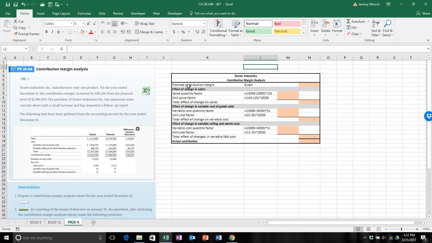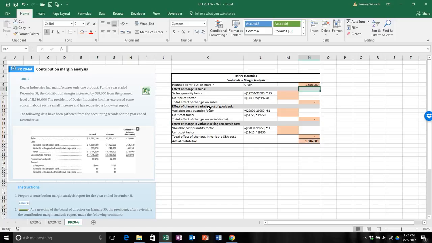So we'll go over here and start off with the planned contribution margin. They give that to us here at 1.386. So that was the planned contribution margin. We had a change of sales of 22,000.